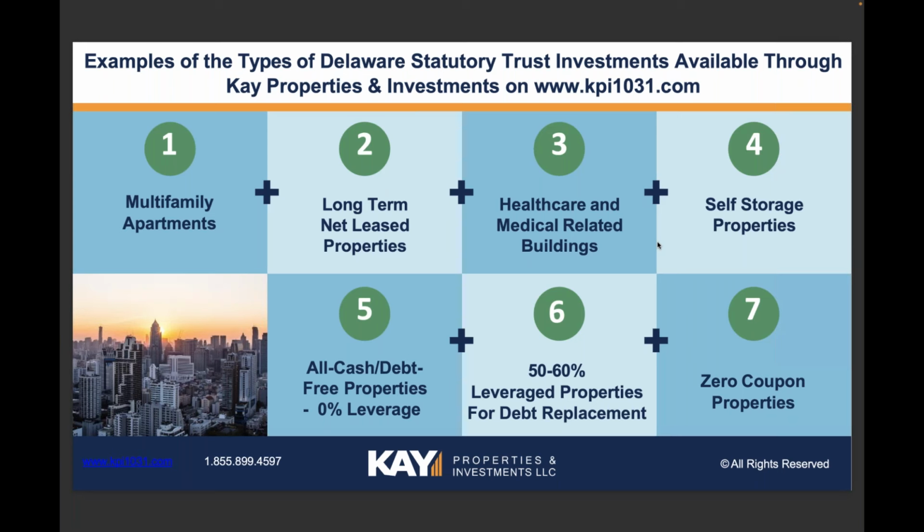They know they could go and buy that $15 million or $20 million distribution facility or apartment building on their own, but they're looking for a passive investment where they don't have to manage it all. It's being done professionally by the Delaware Statutory Trust sponsor company.